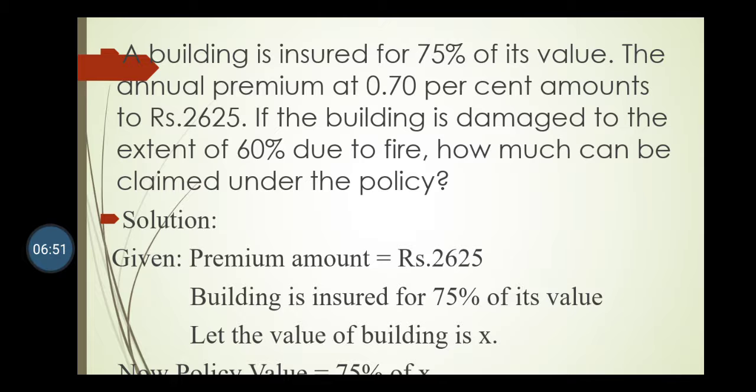Next question is, a building is insured for 75% of its value. The annual premium at 0.70% amounts to rupees 2,625. If the building is damaged to the extent of 60% due to fire, how much can be claimed under the policy?